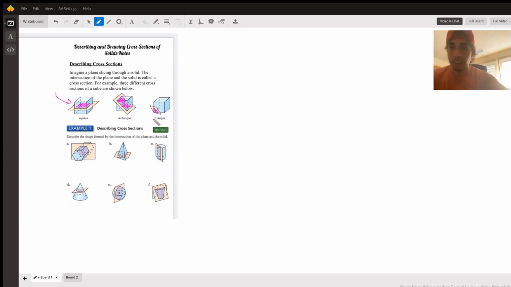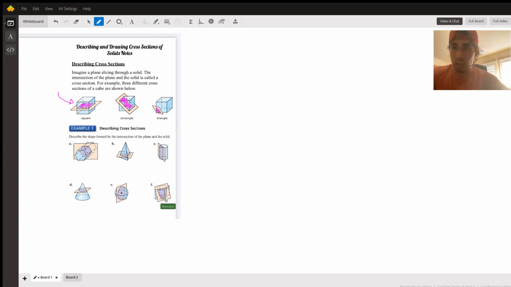All right. And then examples, so it says, describe the shape formed by the intersection of the plane and the solid. All right, so we've got this hexagonal prism, shaped like a hexagon. It's got 1, 2, 3, 4, 5, 6 sides around, and we're cutting just straight through the top. If you can visualize what's going on there, that's what we're going to be cutting out with that cross section.